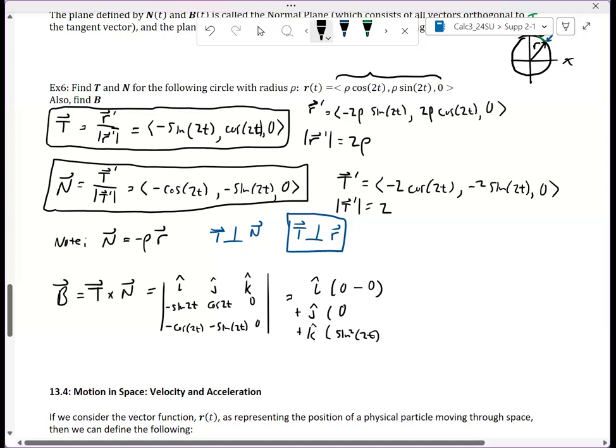For j, I have negative j times negative sine 2t times 0, that's also 0. And for k, what do I get? I have negative k times cos 2t times negative cos 2t, that is plus cos squared 2t, so my binormal vector is 0, 0, 1.